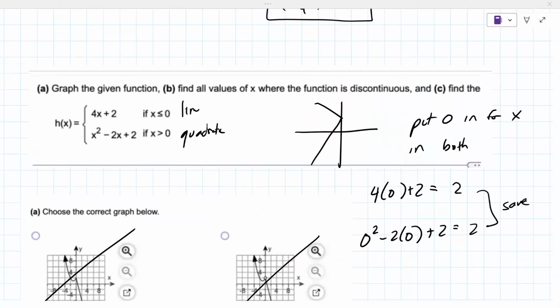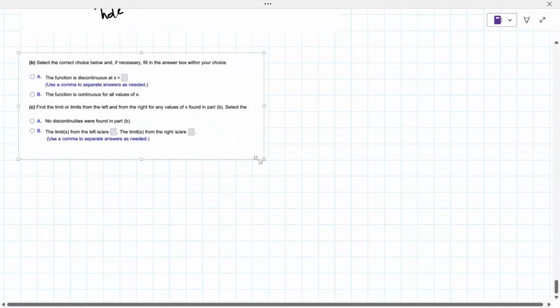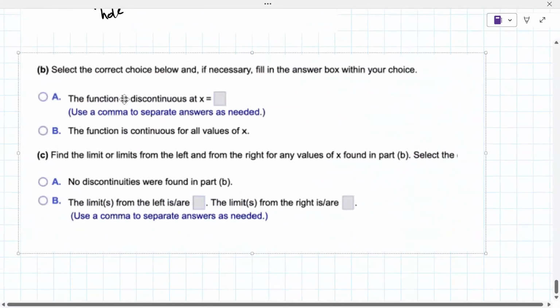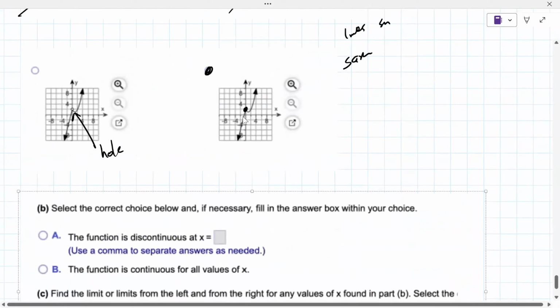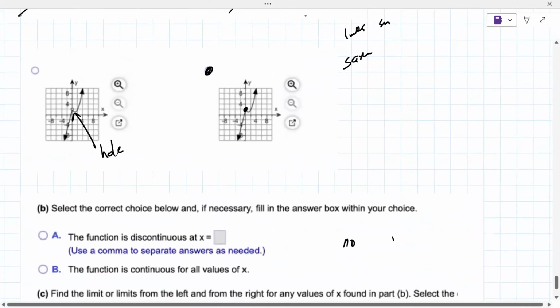Let me see here. All right, it says to select the function is discontinuous at. So the graph really helps. The fact that it goes up and then it curves back down and up, but there's no what are called jumps, holes, or vertical asymptotes.